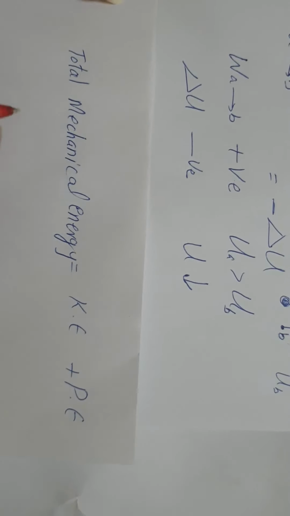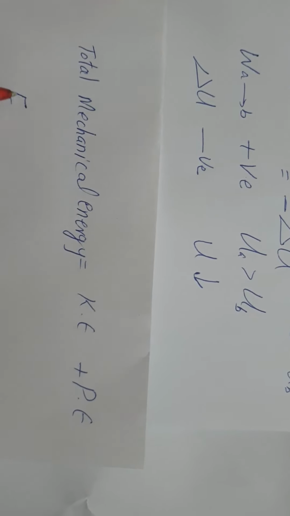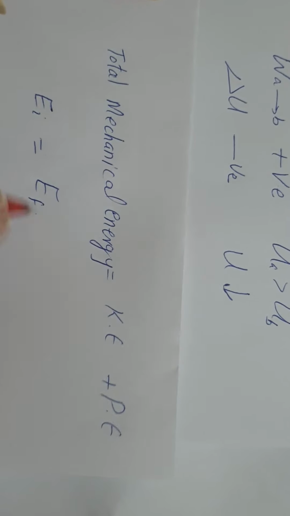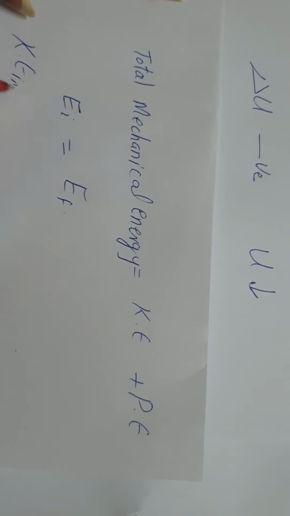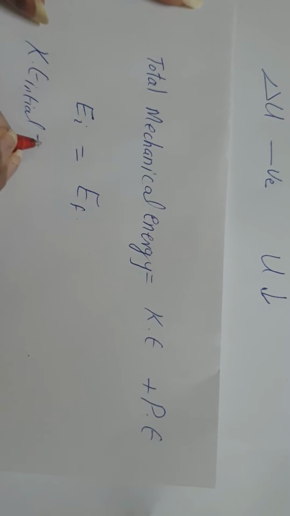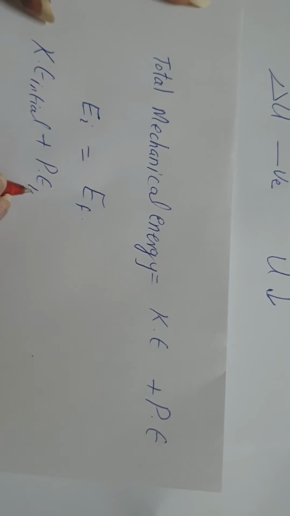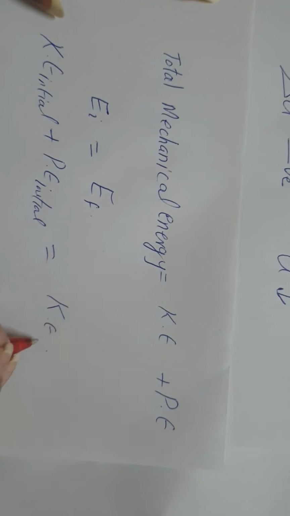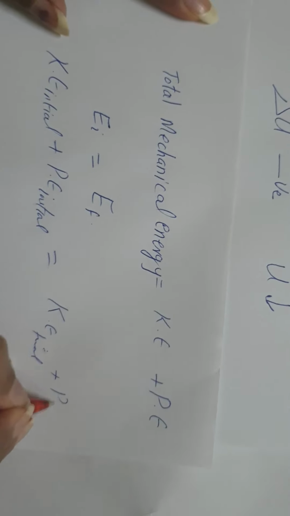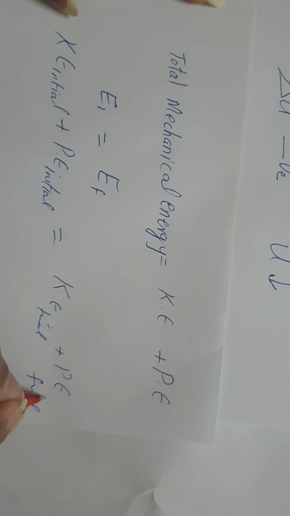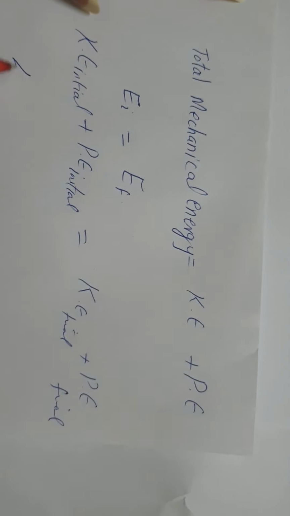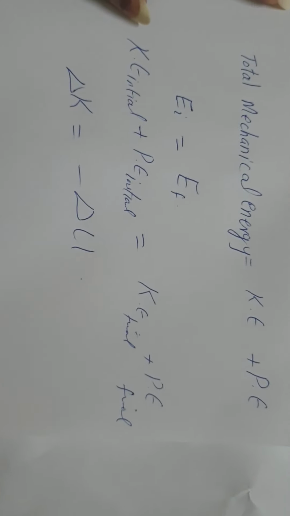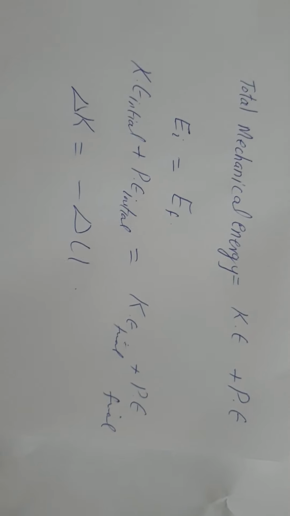We can also write it as initial mechanical energy is equal to final mechanical energy, or kinetic energy initial plus potential energy initial is equal to kinetic energy final plus potential energy final, or delta K is equal to minus delta U. So now we have just recalled our basic concepts.